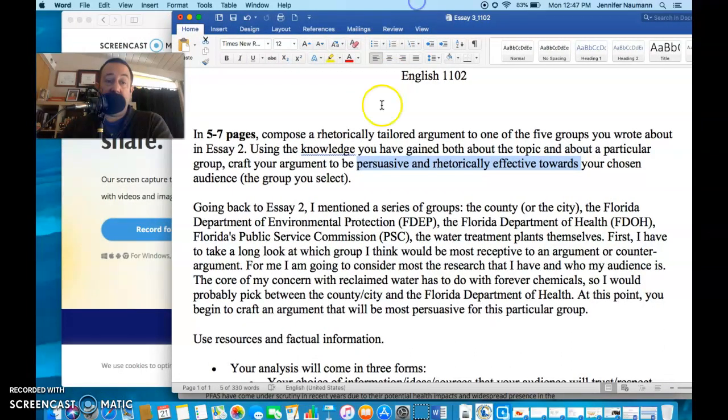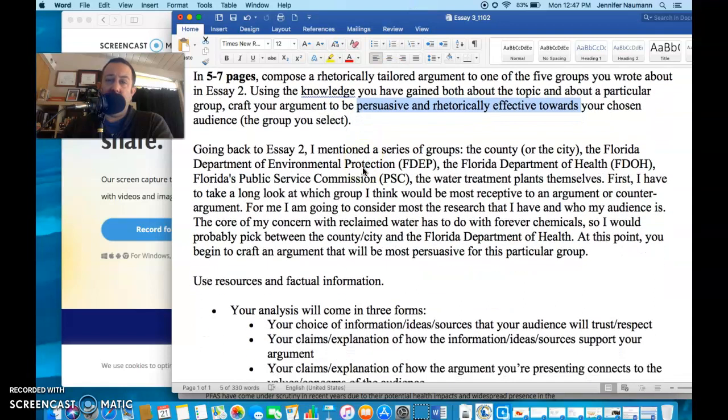Let's see. In Essay 2, I thought about writing about this water waste thing that they're doing in California as well as in Florida. In this one, I mentioned a series of groups, right?